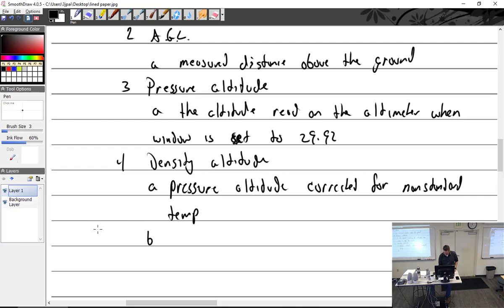And I just prefer to say it like this: what the airplane engine feels, what the airplane feels based on temp, pressure, and humidity.